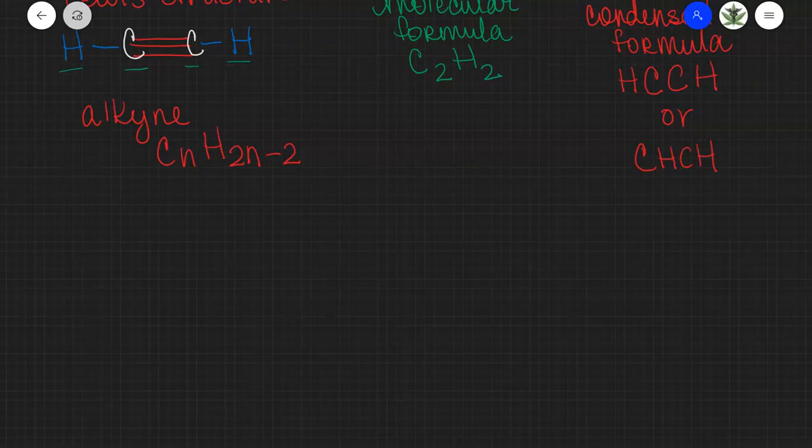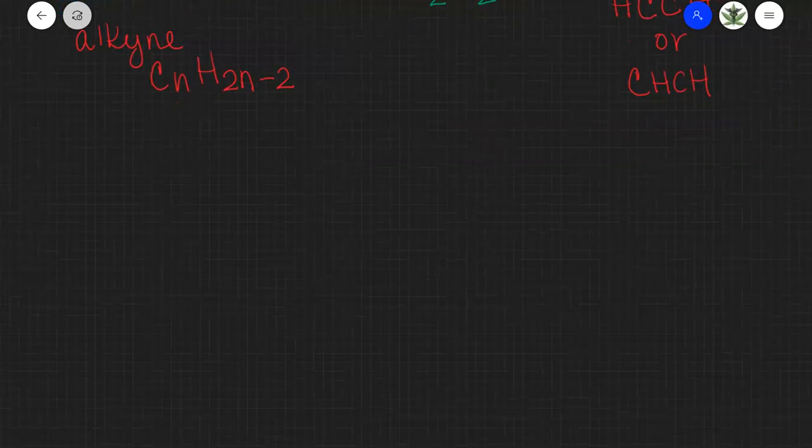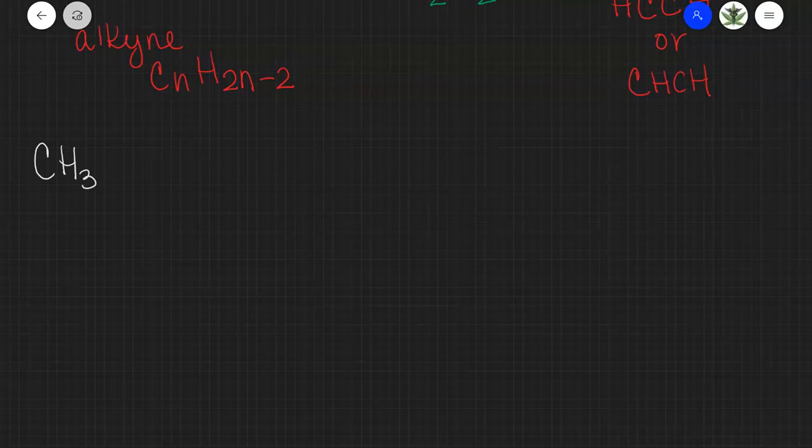So let's add on and let's look at another example. CH3, CH2, CH3. Now, if we look at this formula, this is represented as the condensed formula.